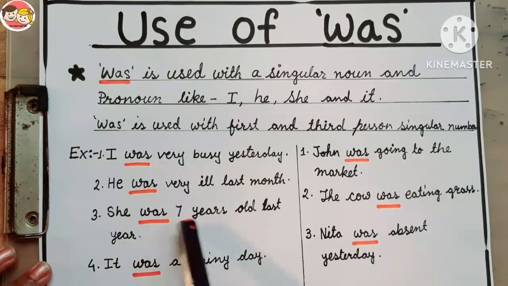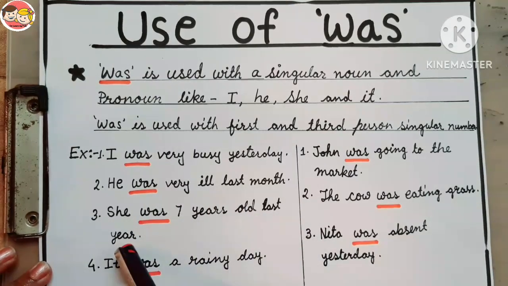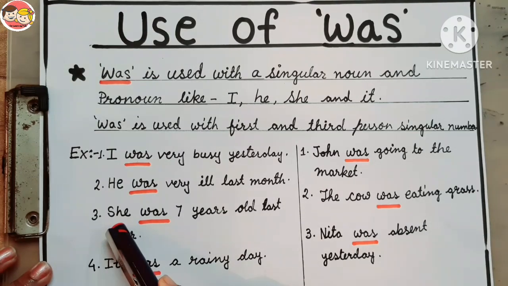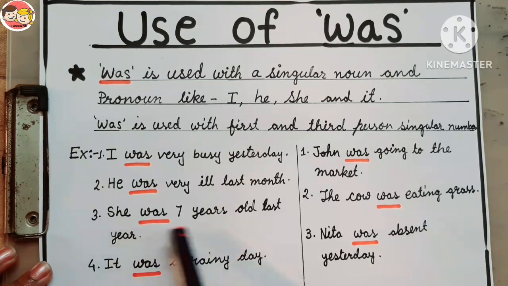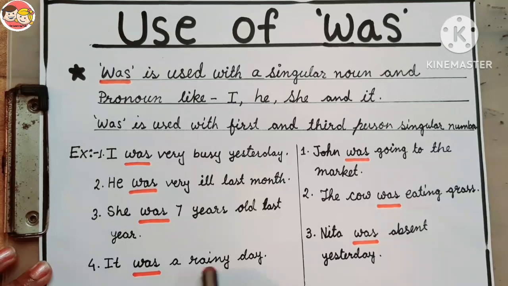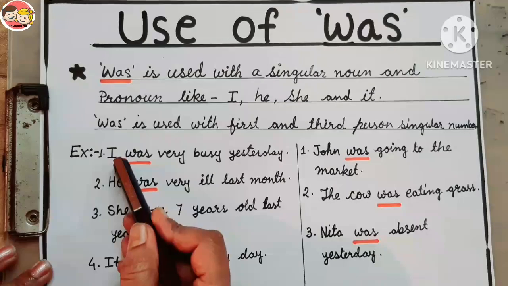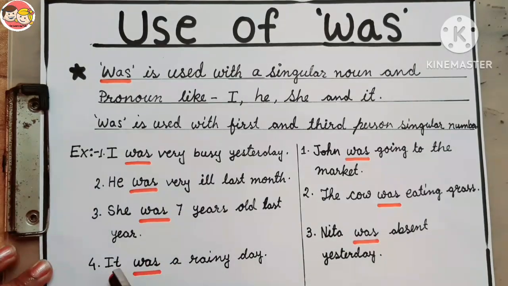She was 7 years old last year. She was. She is a third person singular number, and this sentence shows past tense which has already happened. It was a rainy day. It was. So children, we used was with I, he, she and it.